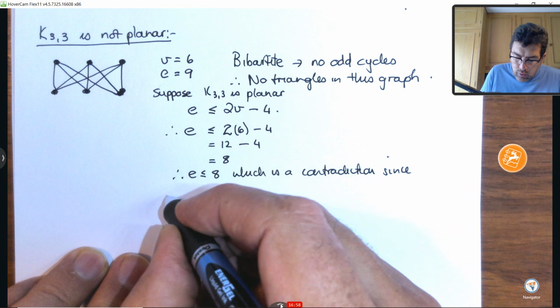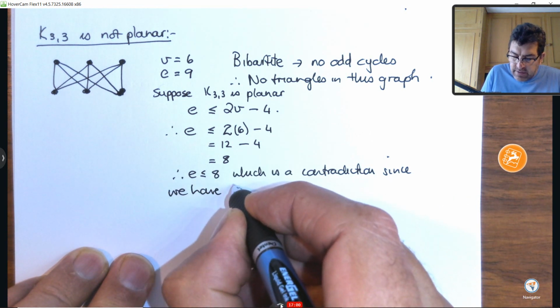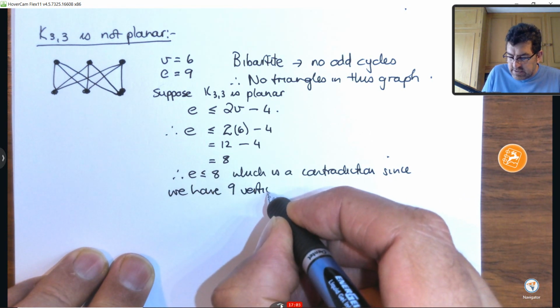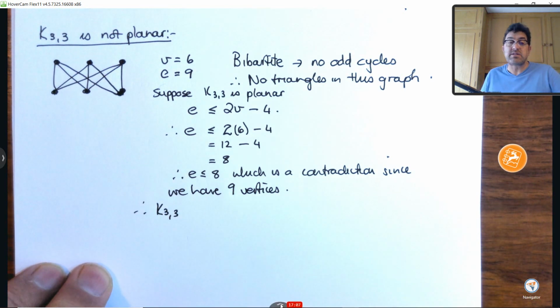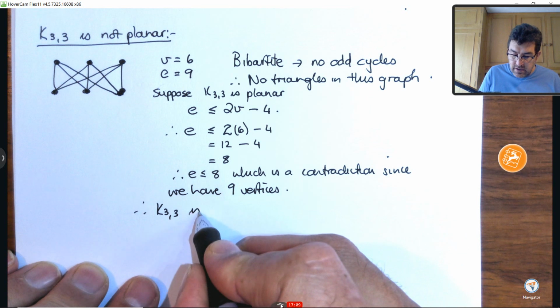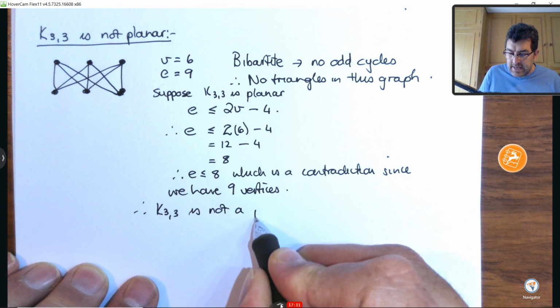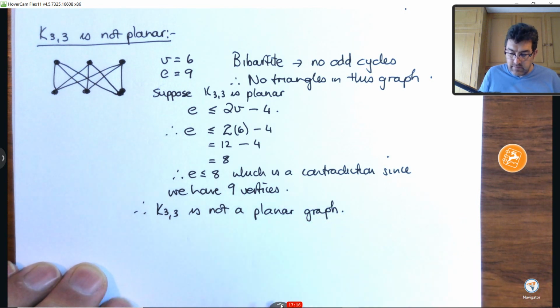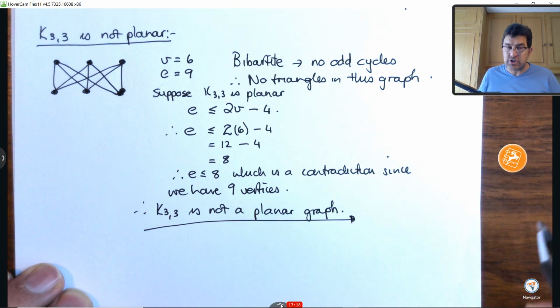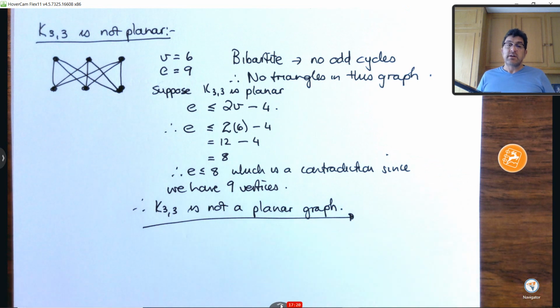Therefore, the bipartite graph K3,3 is not a planar graph. There we go. We've shown both of those by showing that there's indeed a contradiction if we assume that those graphs are planar.